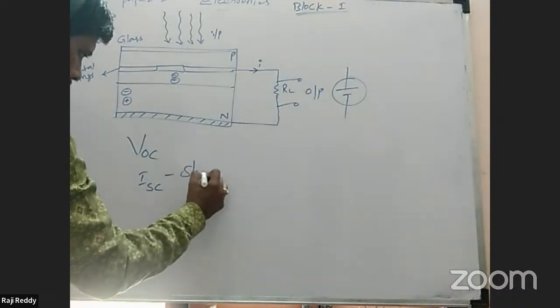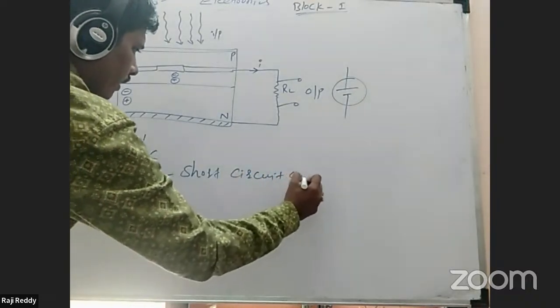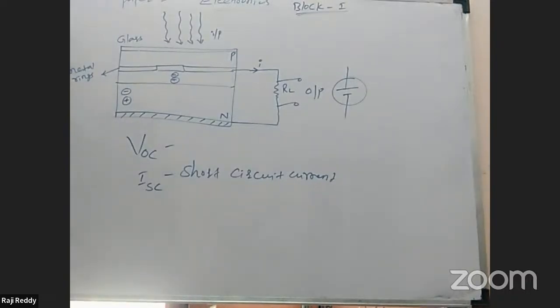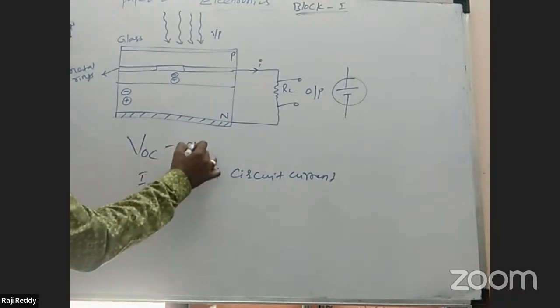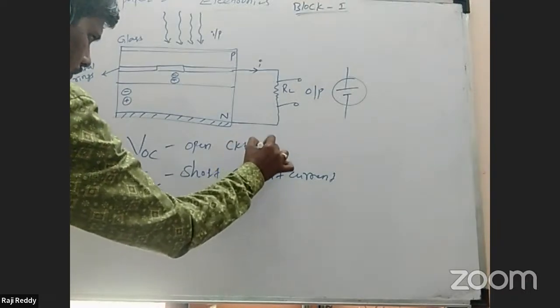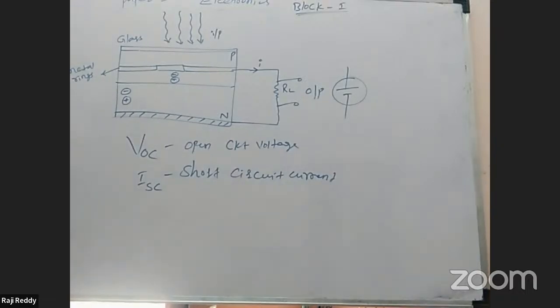This is the symbol for short circuit current, and this is the open circuit voltage, VOC. Now we have to take these values, and based on these values only we will draw the graph further.